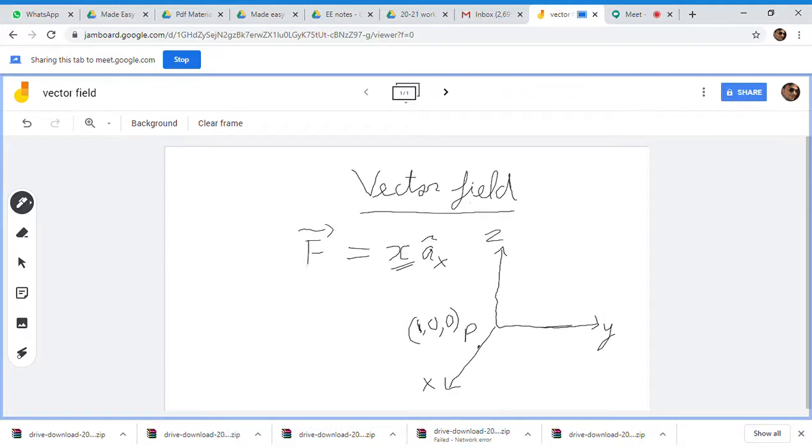So if the coordinate is x here, we can draw a small vector here, pointed in the ax unit vector direction.